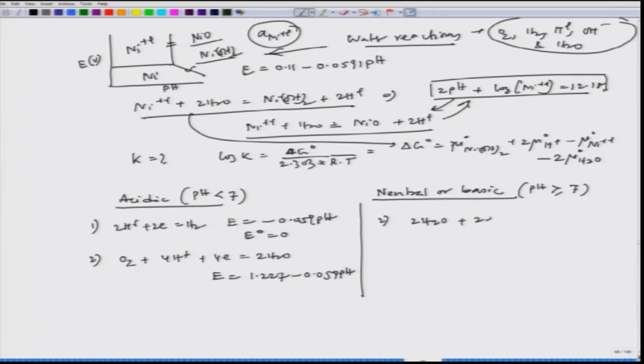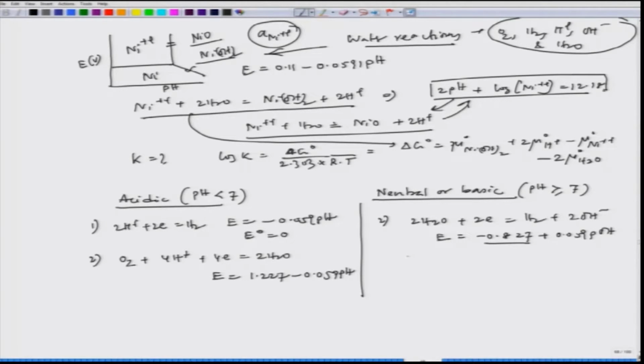and on the other side we have 2H2O plus 2e equal to H2 plus 2OH minus, and for this E equal to minus 0.827 plus 0.059 pOH. Why is this term coming for this reaction?